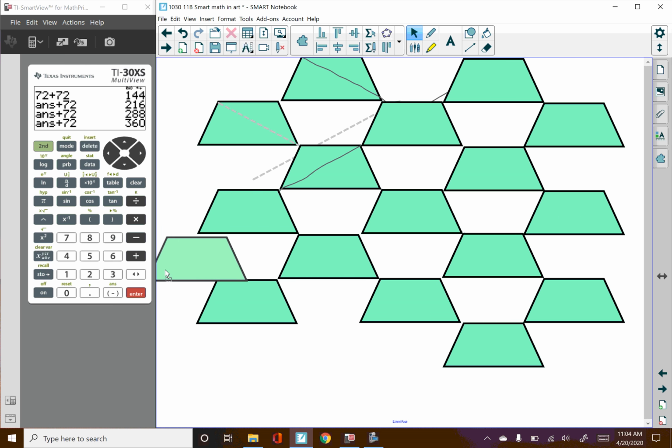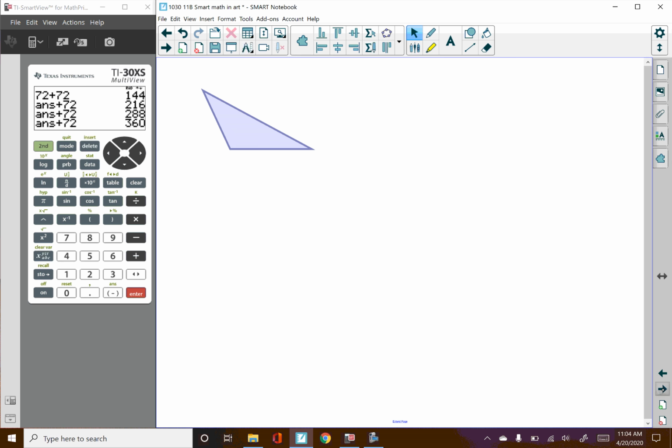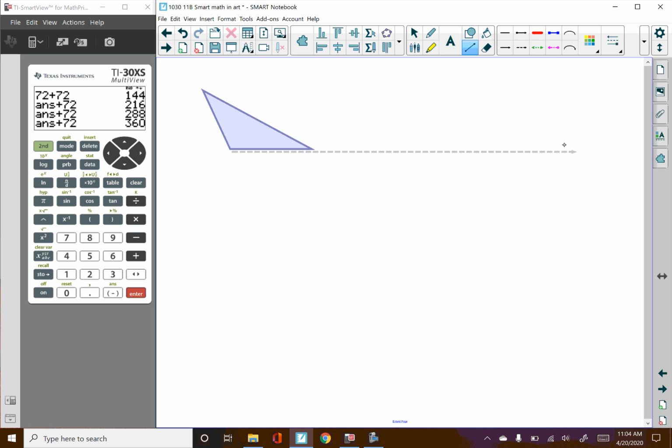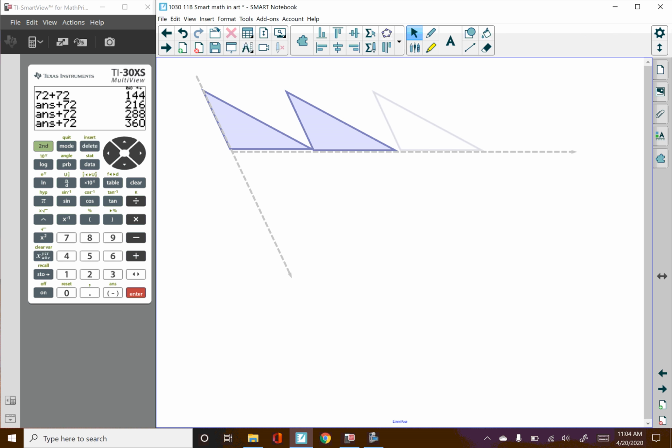For a triangle, the tiling is a little bit different. So for quadrilaterals, you follow along their diagonals. For triangles, if you want to tile them, you follow along their edges. So we're going to follow along these edges. So this one would go here, and then I could just repeat that.